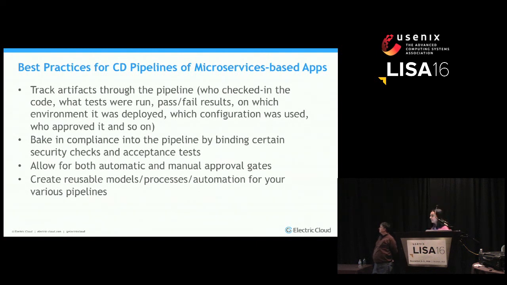Have that part of your automated process so that those can trigger automated gates where, if you pass certain compliance tests, only then will it automatically promote you to the next environment. Maybe promoting all the way to production, you need someone to actually come in, take a look at what has happened, and manually approve it. So have both of those capabilities.